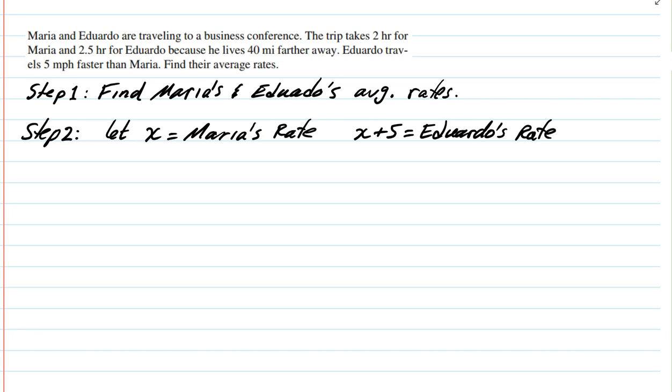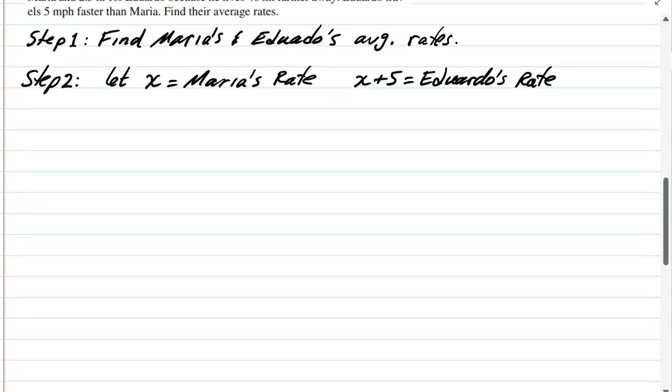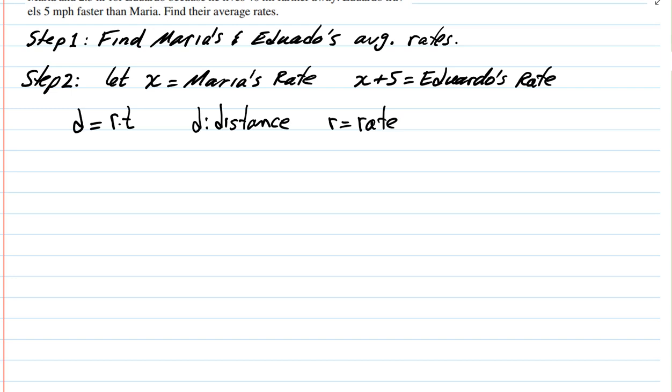All right. Now, we can write things down, or we can actually set up a table that's going to help us do this. Now, the key formula that we need in a motion problem, you may recall from your algebra days, is d equals r times t, where d is the distance a moving object travels at a constant speed, r is that constant rate, or average, we call it here.